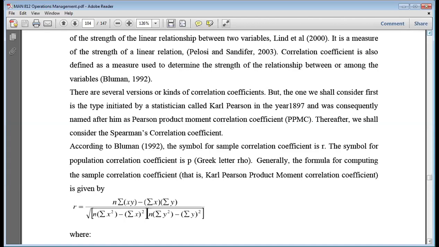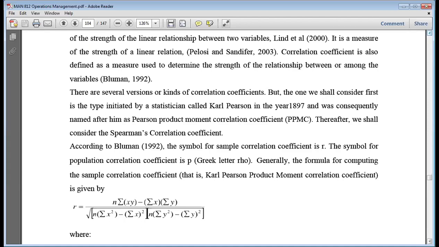And when it's closer to 1, it means it has a very strong relationship. But when it's less than 0.5, it has a weak relationship. When it's from more than 0.5 to close to, sorry, 0. Like, if it is 0.4 something, it means it has a weak relationship.